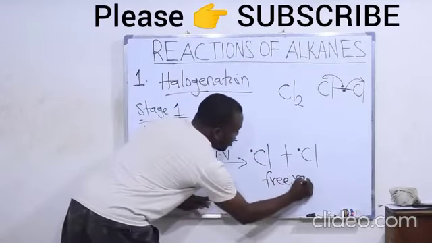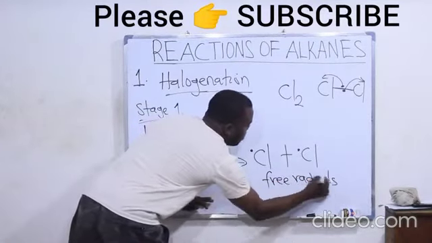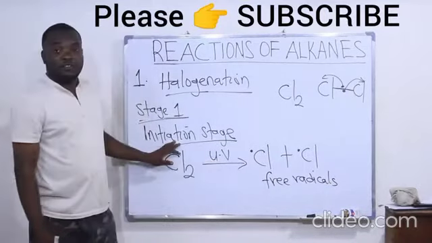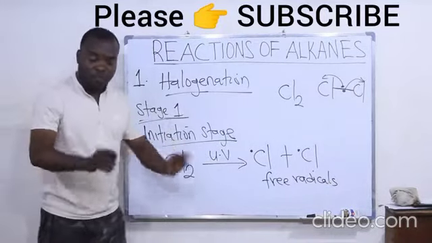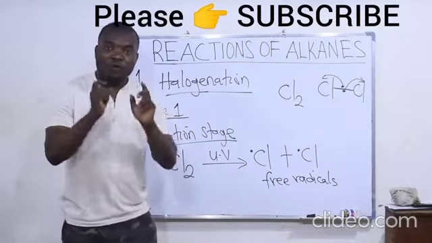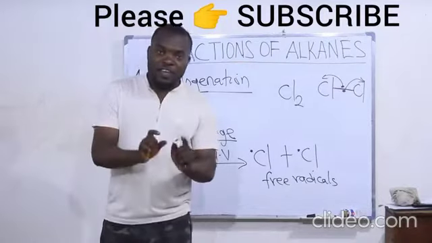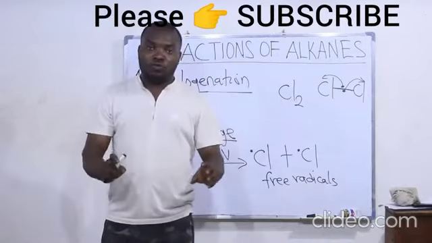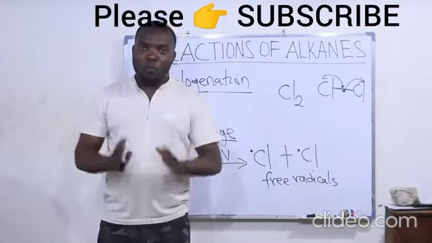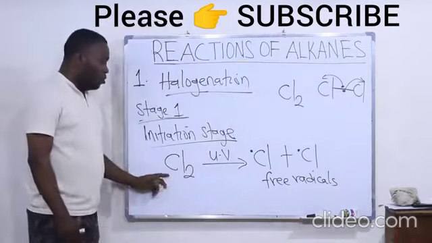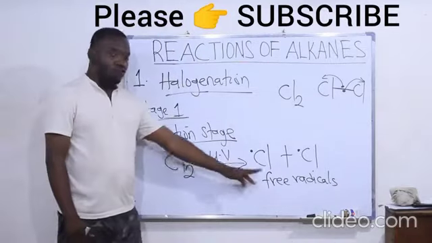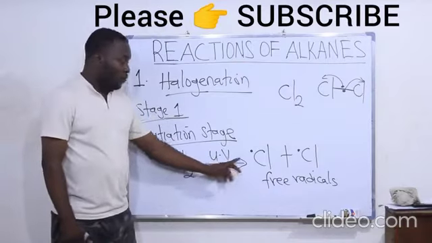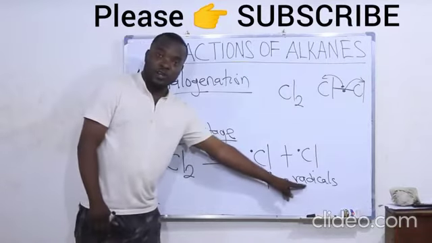This simply means that free radicals are formed at the initiation stage. I repeat, the first step of halogenation is the stage in which free radicals are produced from the halogen molecule. The halogen will split into 2 with the help of ultraviolet light, forming what we call free radicals.